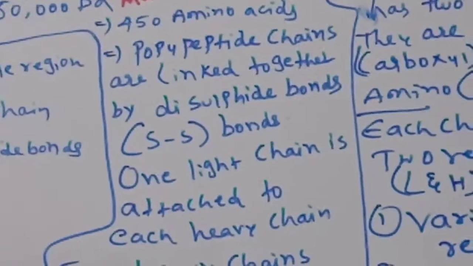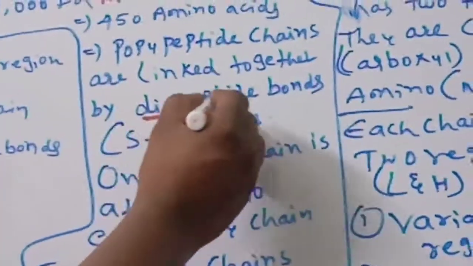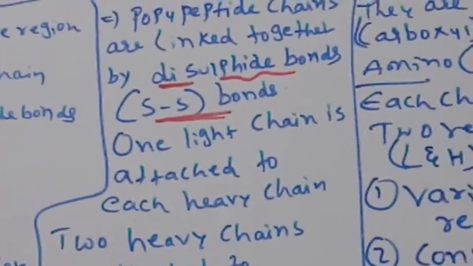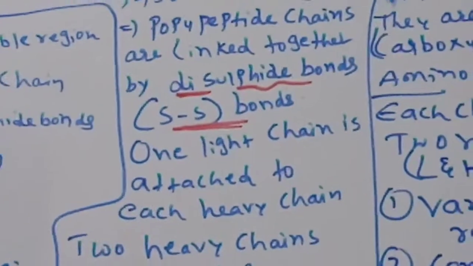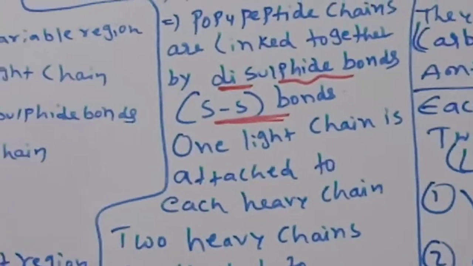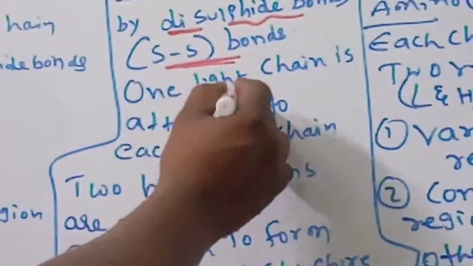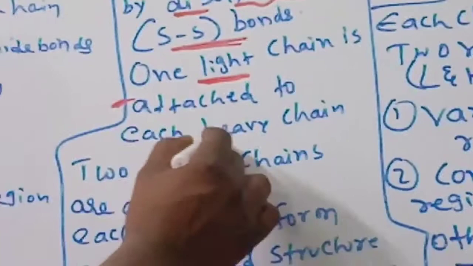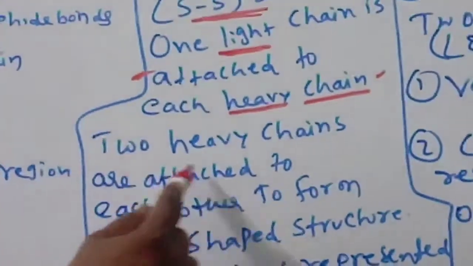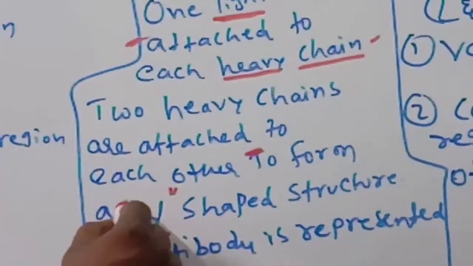Important bit: the polypeptide chains are linked together by disulfide bonds. In between the polypeptide chains, disulfide bonds are there. One light chain is attached to each heavy chain. Two heavy chains are attached to each other to form what is called a Y-shaped structure.